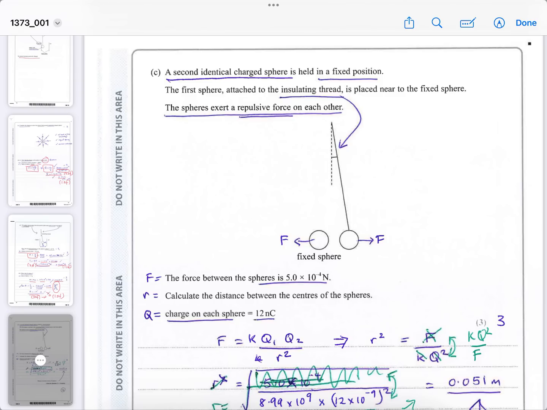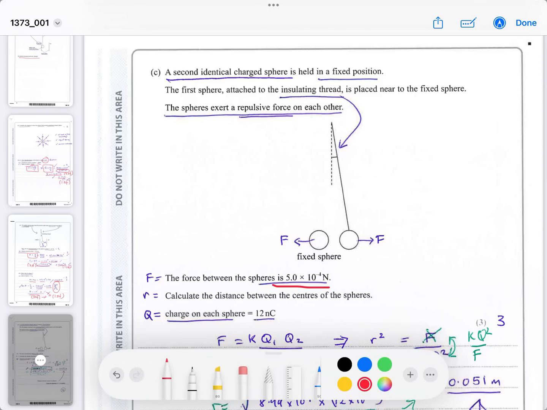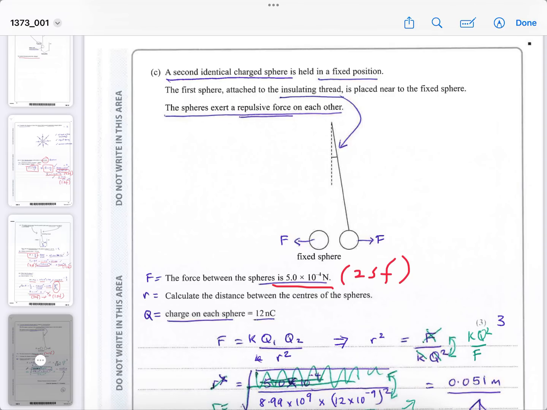So we know the force between them is approximately 5 times 10 to the minus 4 newtons. That's to 2 significant figures. They've given it to us. Calculate the distance between the 2 spheres. And I suppose you have to assume that's the distance to the center of each sphere. Okay, because we have to assume that for Coulomb's law to work.